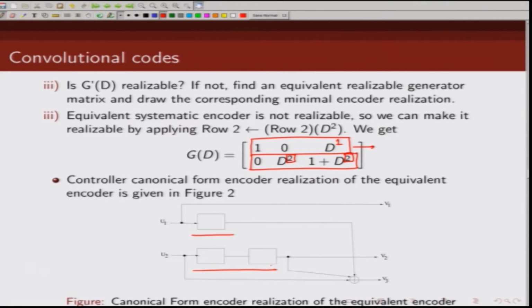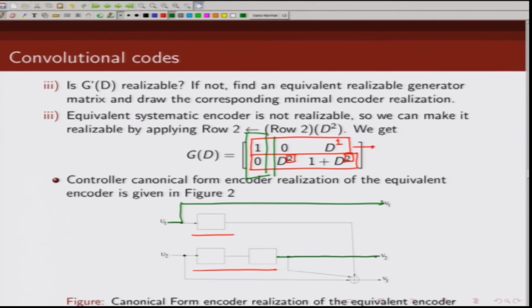And again, what are our outputs? There are 3 outputs. The first output is this. This is U1 times this, just U1. Second one is D square of U2, so D square of U2 is just this term.